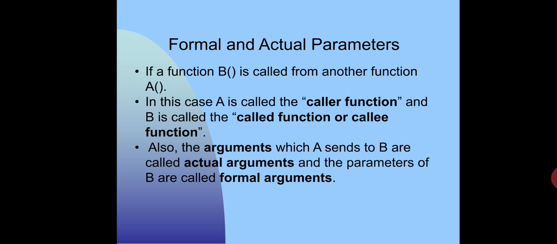Then the parameters of b are called formal arguments because a is calling the function b.